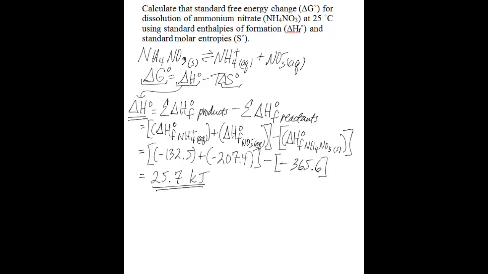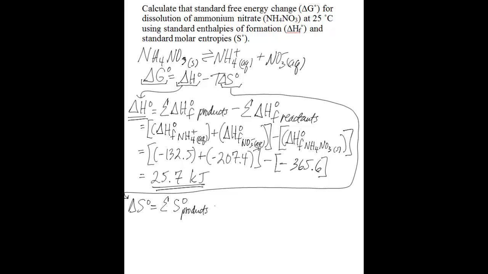The other thing you need to do is find your delta S value before you can plug that value into the equation. So you do something similar for delta S. So delta S naught is equal to the sum of the standard molar entropies of the products minus the sum of the standard molar entropies of the reactants.